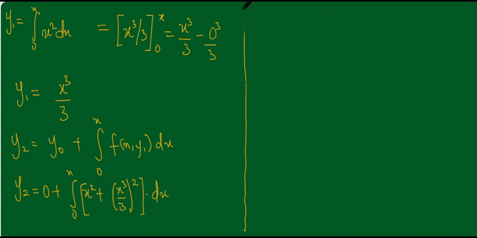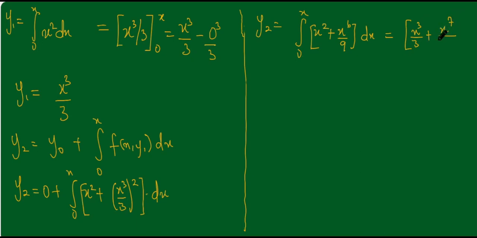So our y2 now becomes the integral between 0 and x of x squared plus x raised to power 6 divided by 9 with respect to x. So on integrating, we now have x raised to power 3 divided by 3 plus x raised to power 7 divided by 7 multiplied by 9 between 0 and x.